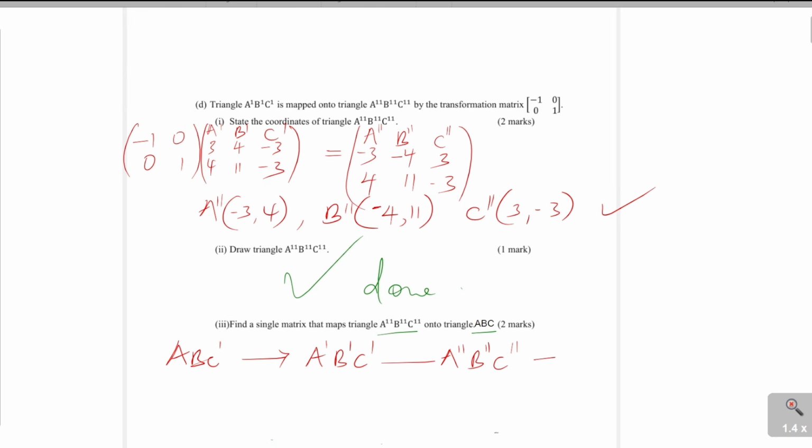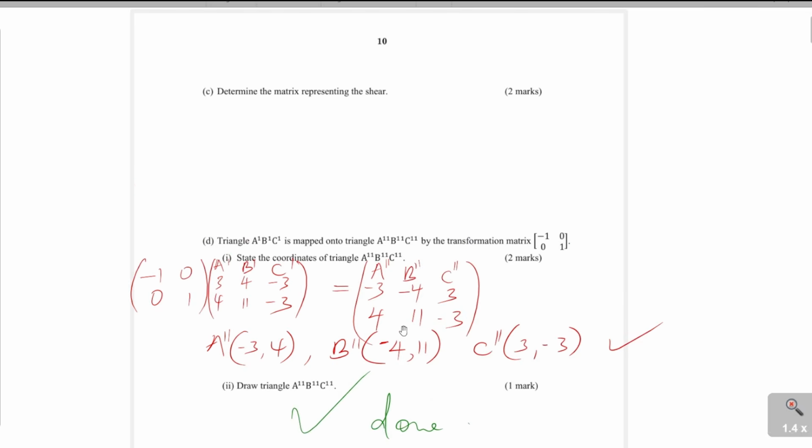So what we require is a single matrix for successive transformation. Because you can see from this transformation, triangle ABC is transformed to triangle A prime, B prime, C prime, then transformed again to A double prime, B double prime, C double prime. So there are two matrices that are involved.